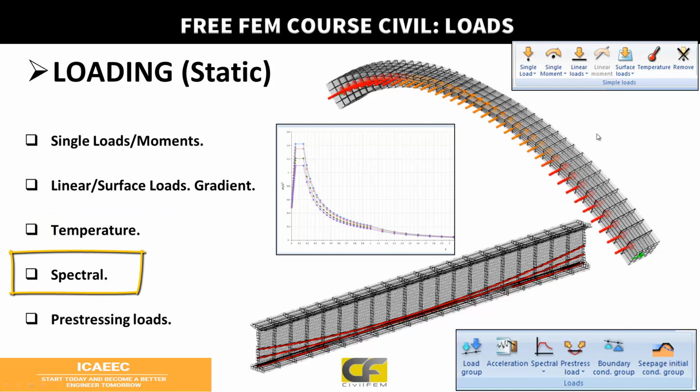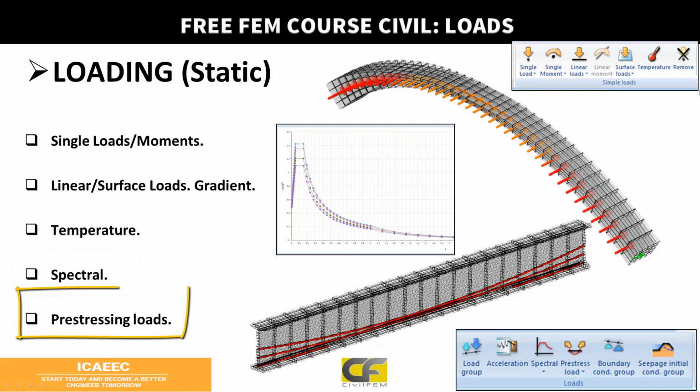Spectral, where you can add your own user spectrum or use the ones defined by codes. And prestressing loads as well, to define tendons for beam, shell, and solid elements.